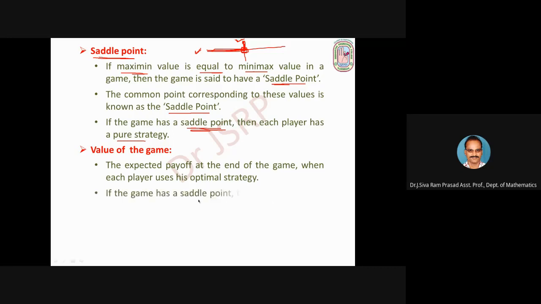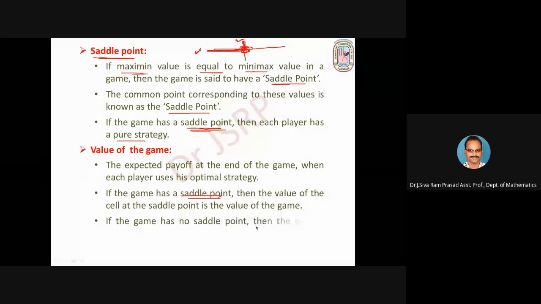So if the game has a saddle point, then the value of the cell at the saddle point is the value of the game. Okay, if the game has no saddle point, there are other methods to find the value of the game. If the game has no saddle point, then the players follow mixed strategies.